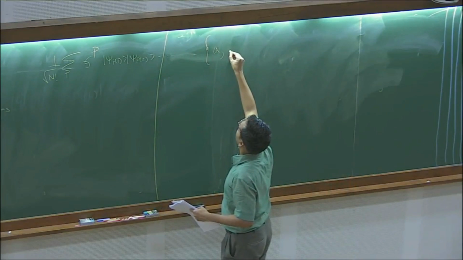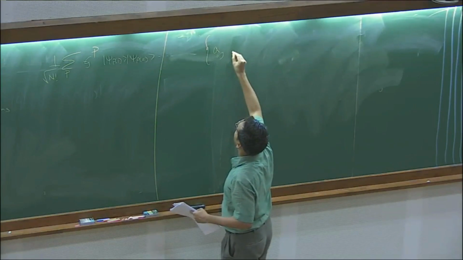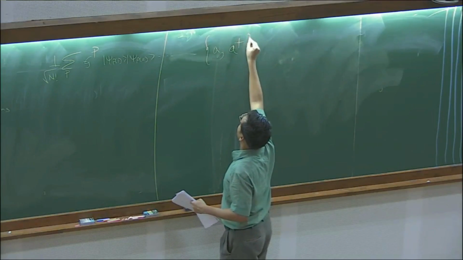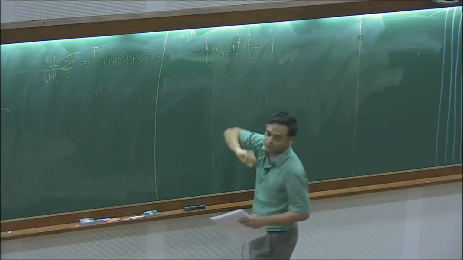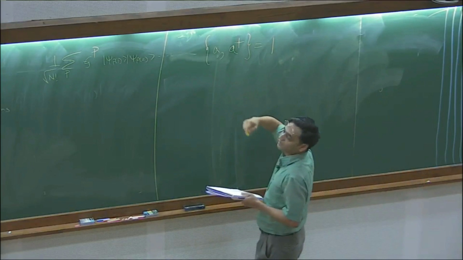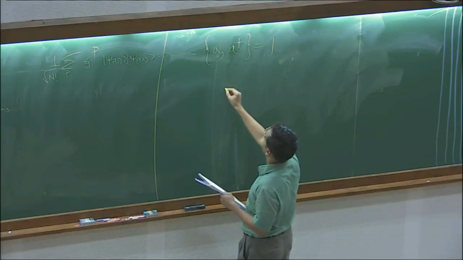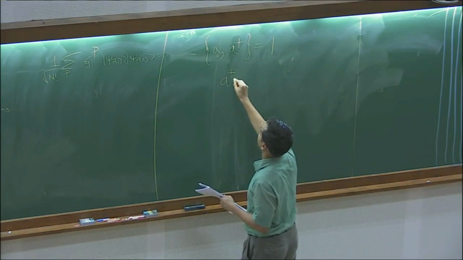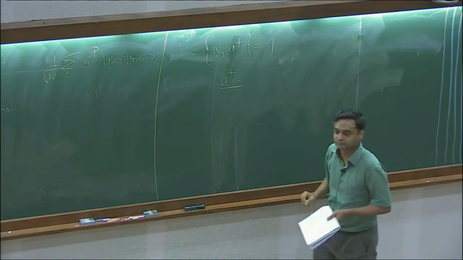Supposing I had just one pair, A and A dagger, with anti-commutator equal to 1. We ask, what are the eigenvalues of A dagger A? This is a Hermitian operator.